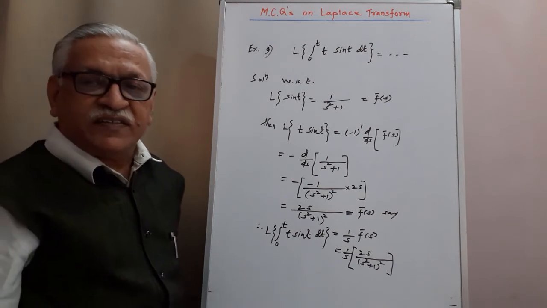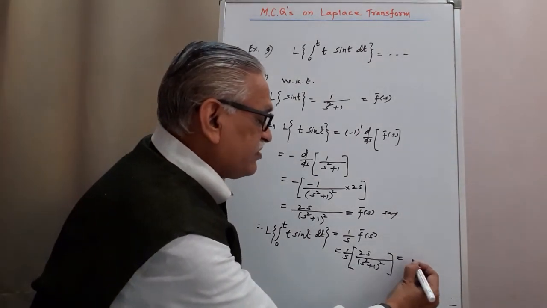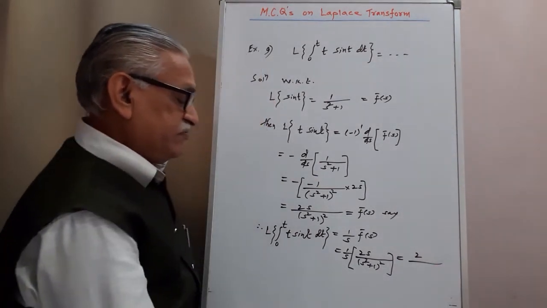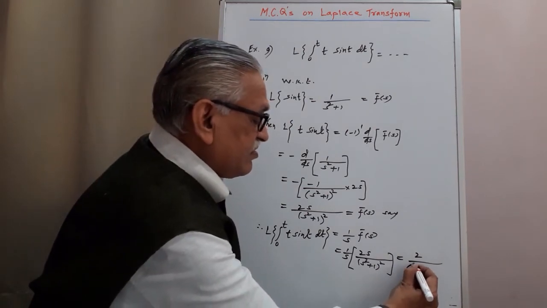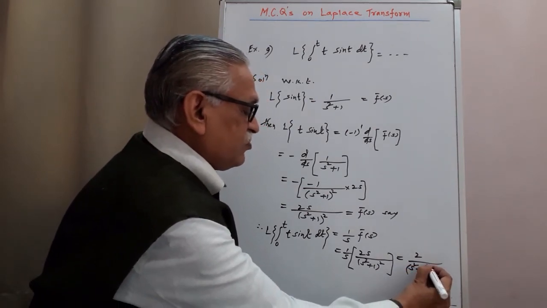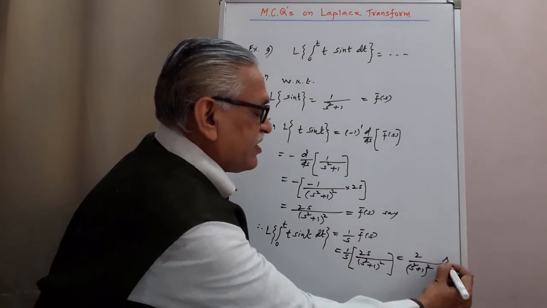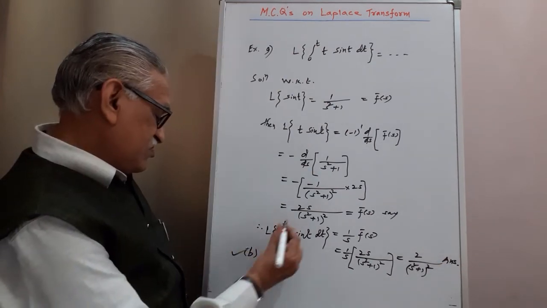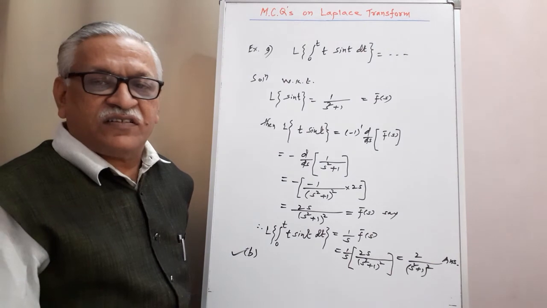If you simplify it, the s's get cancelled, and we get that value as 2 divided by s square plus 1 whole square as the required answer. Option B is the right answer or correct option.